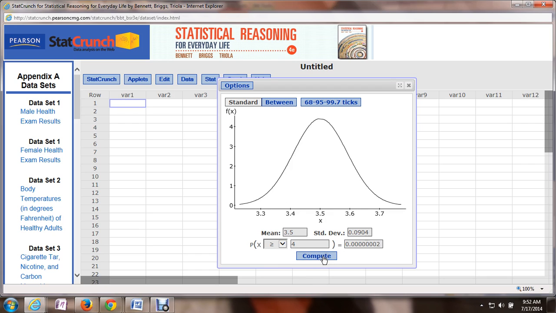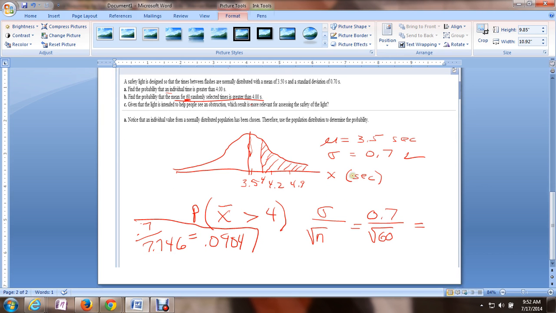We compute, and look, it barely shows. The probability is so low that it doesn't even show on here. It's essentially 0. So the probability that the average of 60 randomly selected times between flashes is greater than 4 seconds is essentially 0.